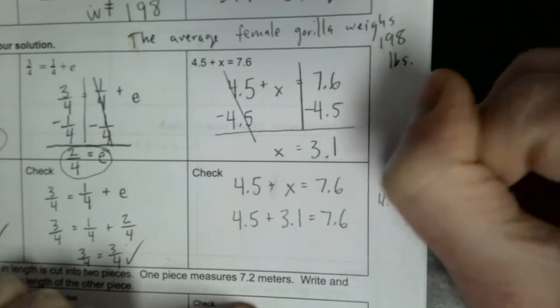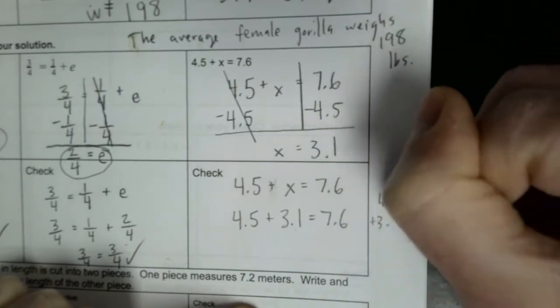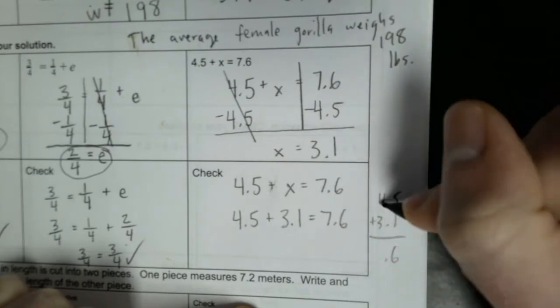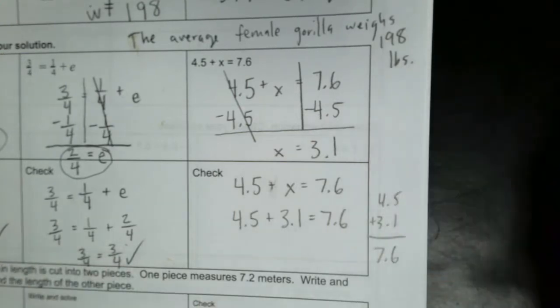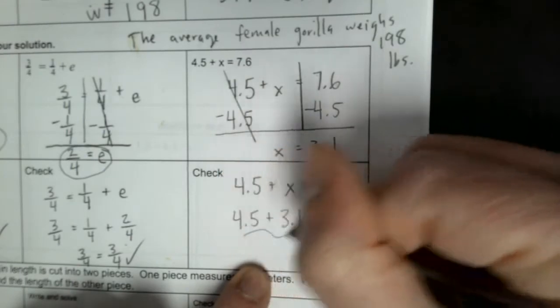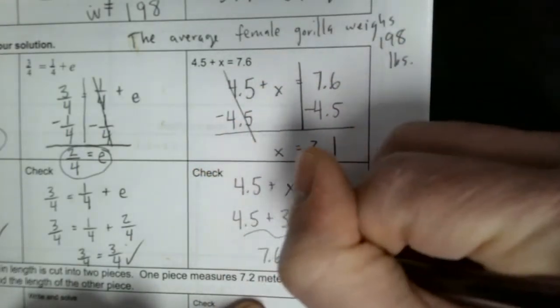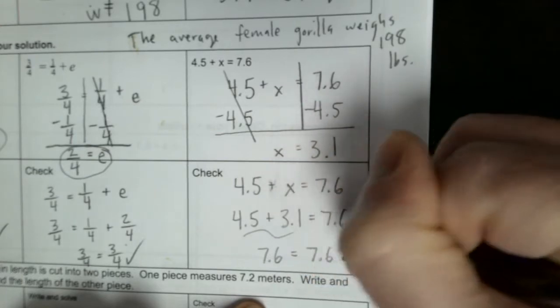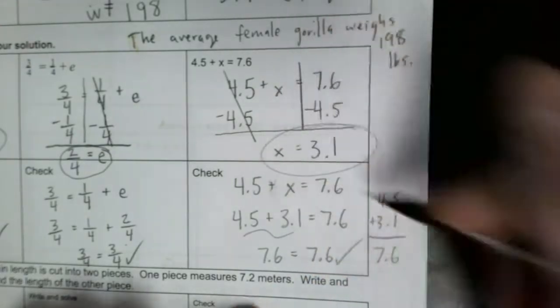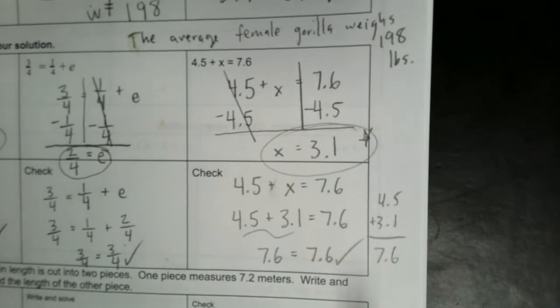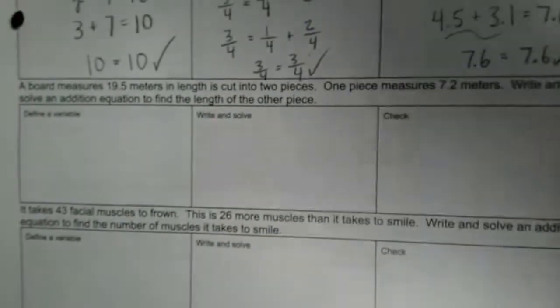I'm going to do 4.5 plus 3 and 1/10. 5 plus 1 is 6. 4 plus 3 is 7. That checks out. So 4.5 plus 3 and 1/10, that's 7 and 6/10, which equals 7 and 6/10. That checks. That should have been your answer. So if you got 3 and 1/10, just give yourself a little tiny star. Nice job.